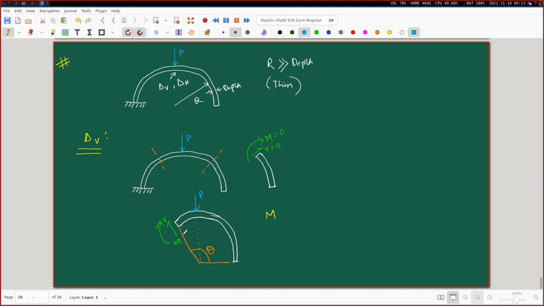So what is the moment arm for this force P about an axis which is passing through this end? The moment arm will be this much. This is the line of action of the force P, and this is the moment arm. And what is the length of this moment arm?